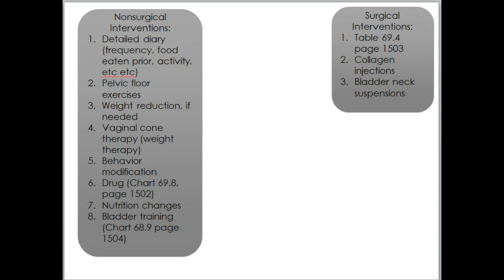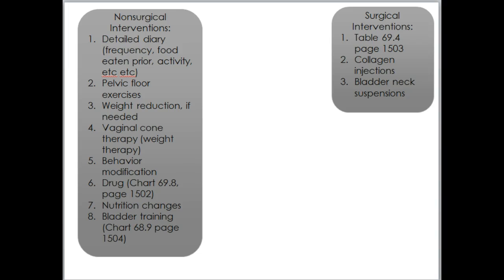And then habit training is you want to figure out when the client is going. So you're going to watch the client for 2 to 3 days and get a voiding pattern. And then assist the client to the toilet or bedpan at what seems to be the interval for that client. So this is going to be a little bit different for each client.